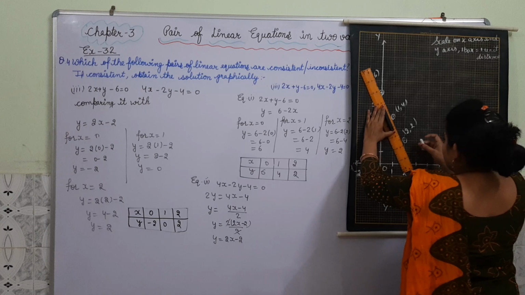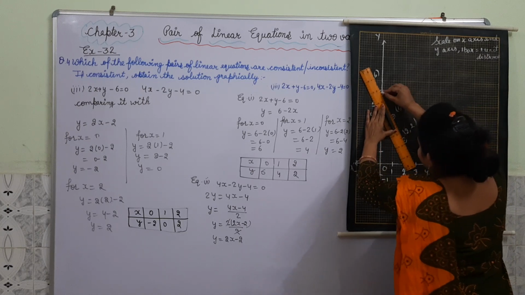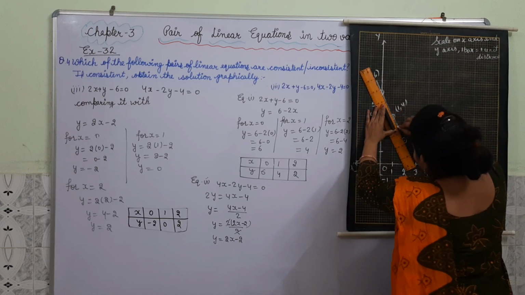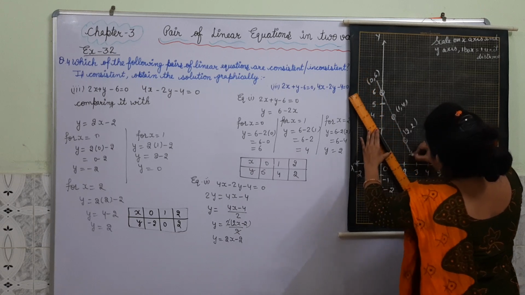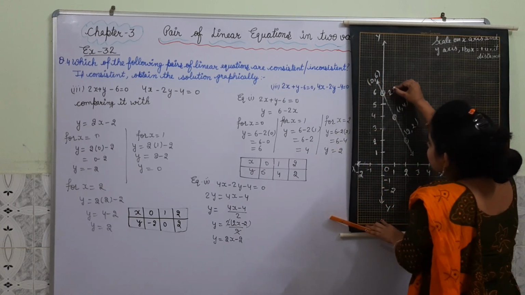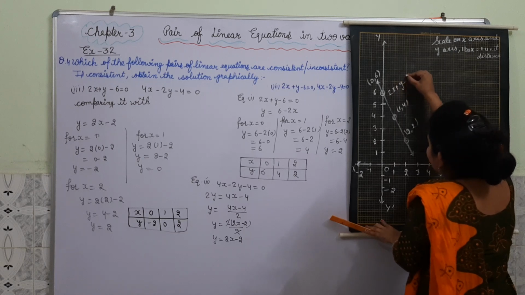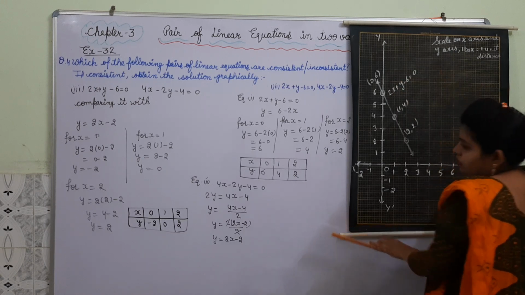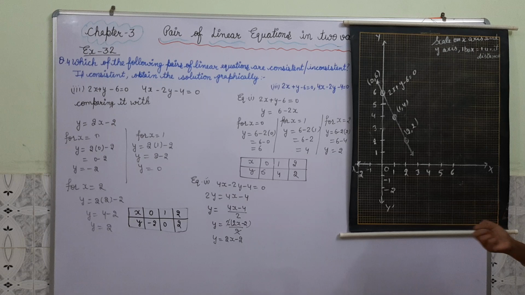Join these points and write the equation. Which equation they are showing? 2x plus y minus 6 is equal to 0. This is our first equation.